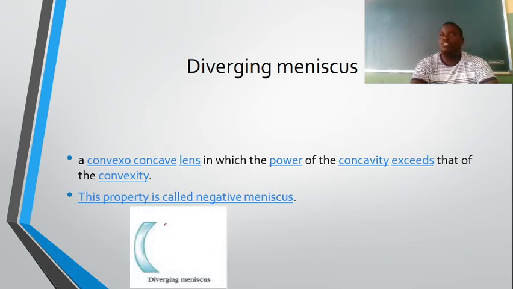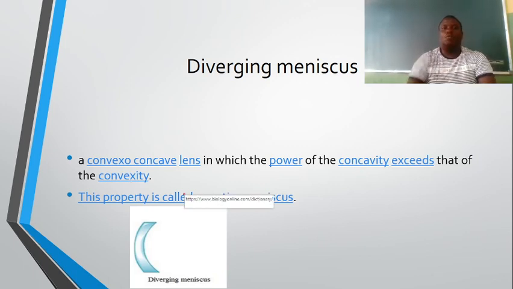They are referred to as the negative meniscus because of this. Their convexity is very low compared with their concavity. It means that when they are refracting rays, they follow the property of concave rather than convex. So their convexity is low compared to concavity.